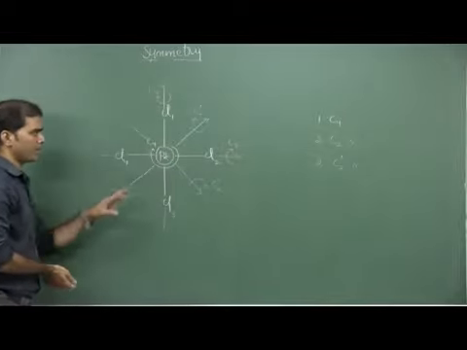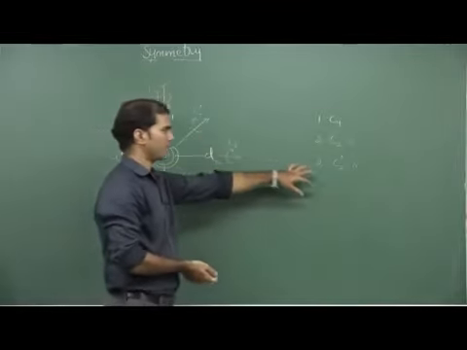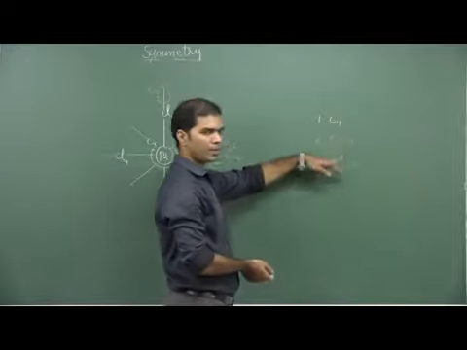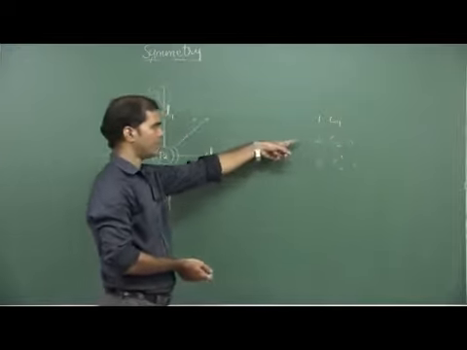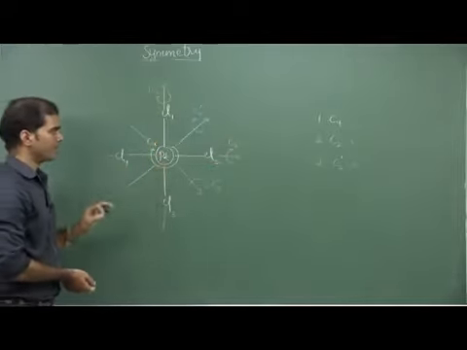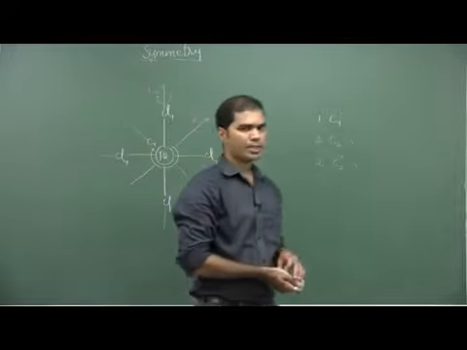Altogether we have 5 different rotational axes. One is a C4, the other 4 are C2s put into 2 different groups. One is passing through 3 atoms and the other one is passing only through 1 atom. This is about a C4 rotational axis example.